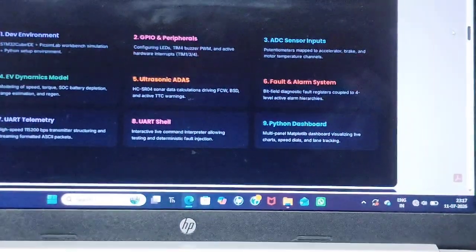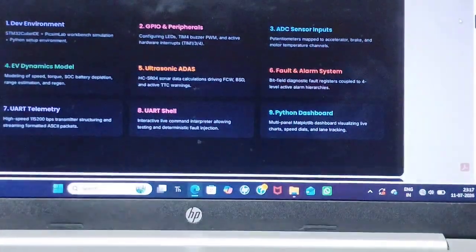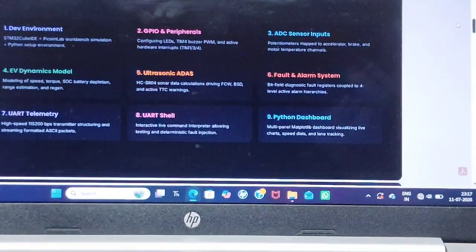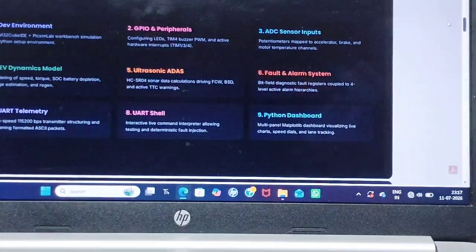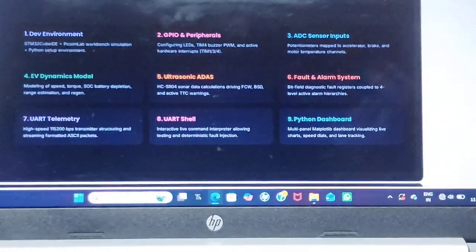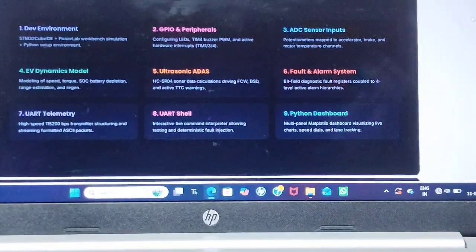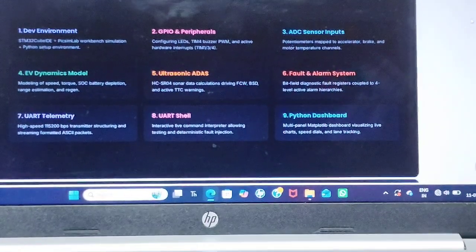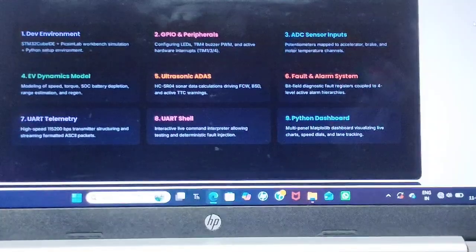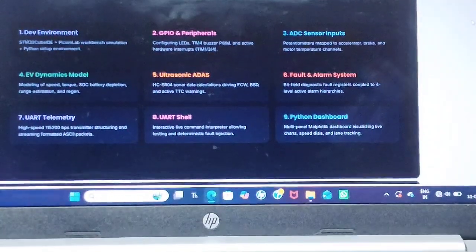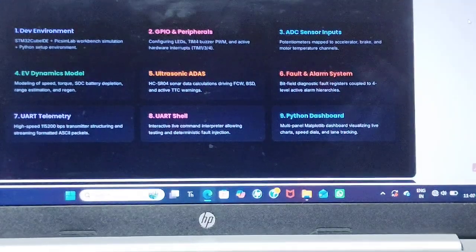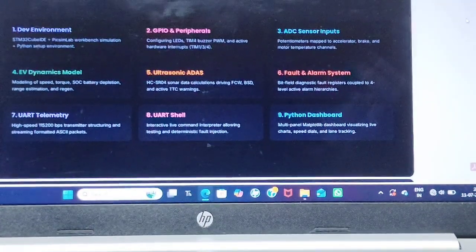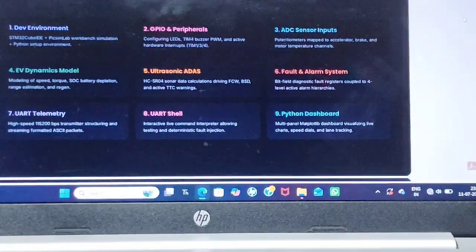Seventh one is UART deployment, high-speed 115,200 bps transmitter. And eighth one is the UART shell, an interactive live command interpreter allowing testing and deterministic fault injection. And ninth one is the Python dashboard, multi-panel dashboard visualization, live charts, speed dials, and tracking.